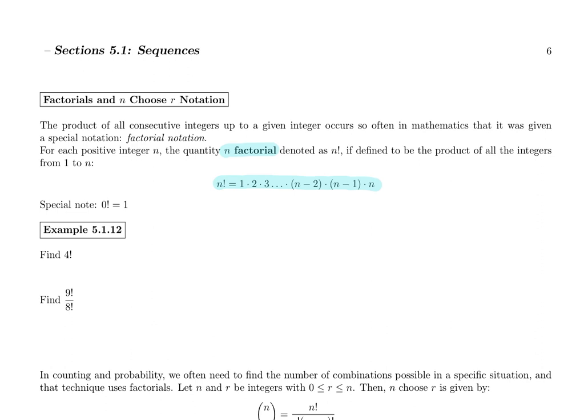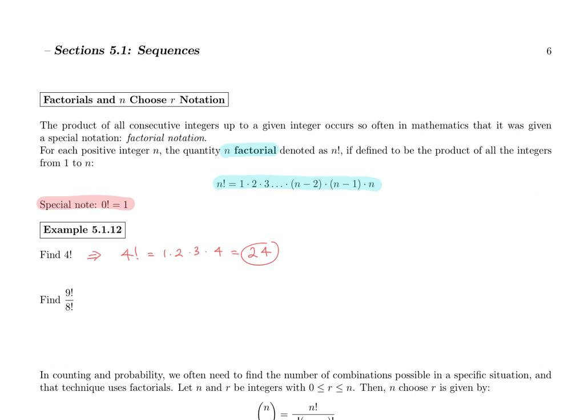A special note here, something you really need to take special note of, is that 0 factorial is just 1. So let's find 4 factorial. 4 factorial is going to be 1 times 2 times 3 times 4, or 12 times 2 is 24.